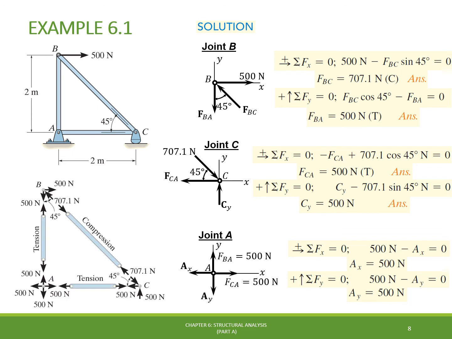The results for the analysis are summarized in this figure. Note that the free body diagram of each joint or pin shows the effects of all the connected members and external forces applied to the joint, whereas the free body diagram for each member shows only the effects of the end joints on the member.